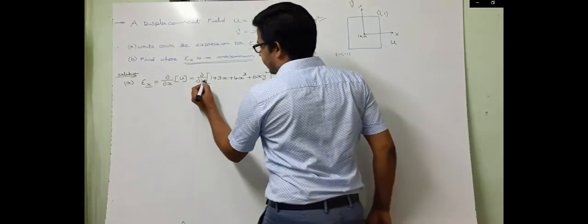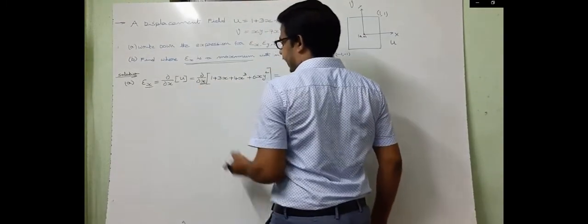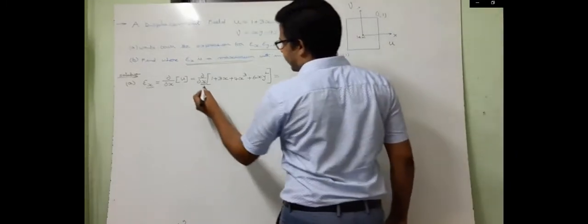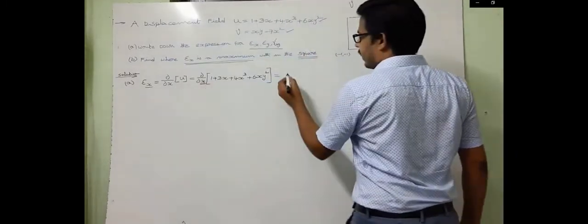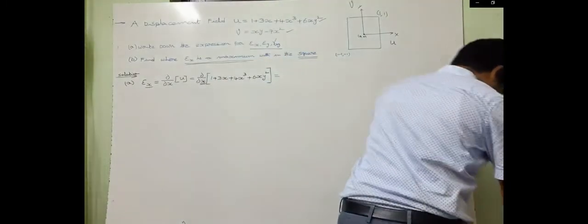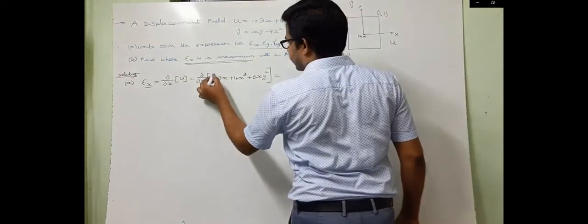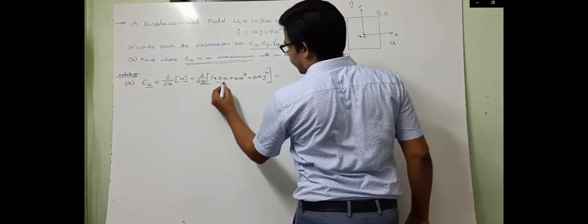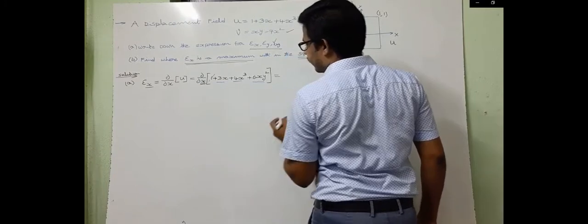So with partial differentiate with respect to x. So here constant value 0. So only 3x is there.